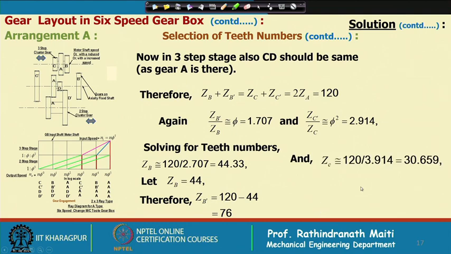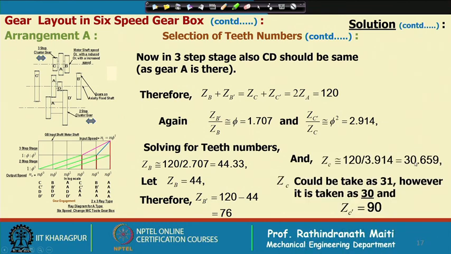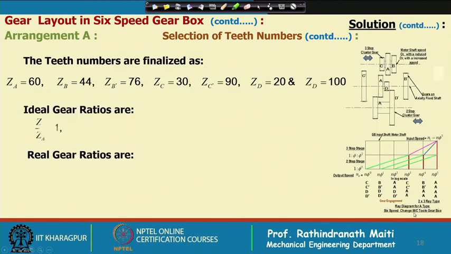Similarly Z C, we can go for 30. It could be taken as 31 also, but we have taken 30, and in that way Z C dash is 120 minus 30, which is equal to 90.